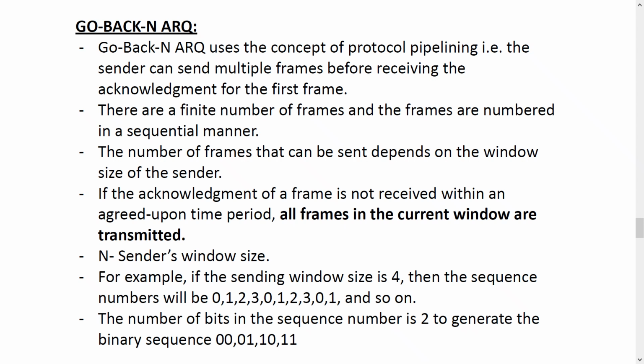You have a sliding window. This sliding window has 5 packets. Let's say the first one and second one were received successfully, but the third one was received in error. The fourth and fifth were received successfully. But because the third one was received in error, the transmitter will have to retransmit all the frames within this sliding window, regardless of whether they were successfully received or not, just because one of the frames was in error.